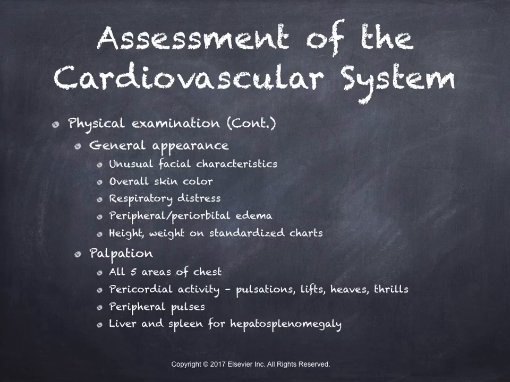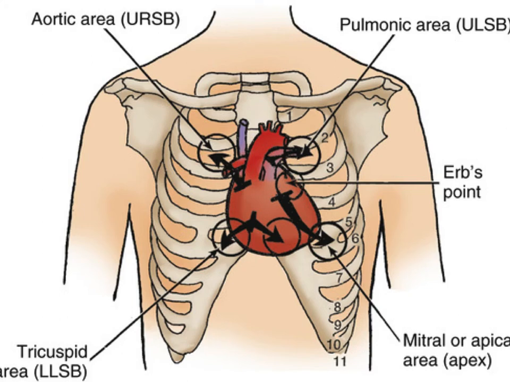Then you're going to move on to palpation, and you are going to palpate in all 5 areas of the chest, beginning with the aortic area, which is in the upper right sternal border, in the second intercostal space, across to the left upper sternal border, second intercostal space for the pulmonic area, down to Erb's point in the third intercostal space, tricuspid area, fourth intercostal space, and then the mitral area, which is in the fourth to fifth intercostal space, mid-clavicular line.